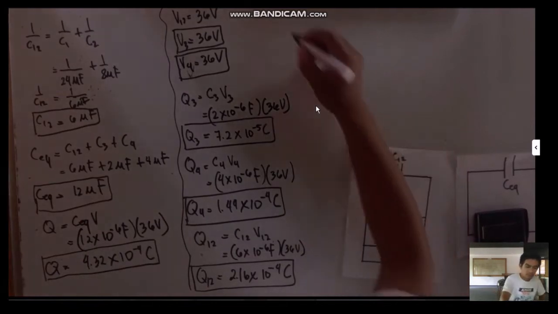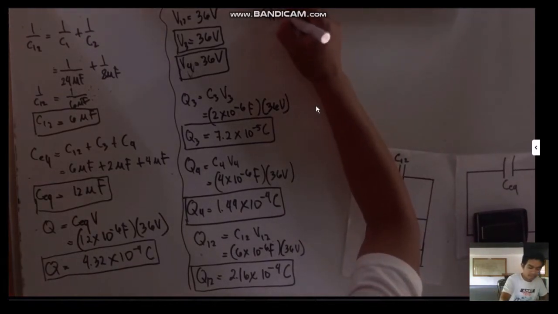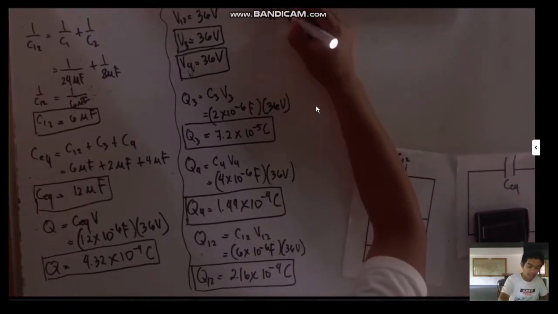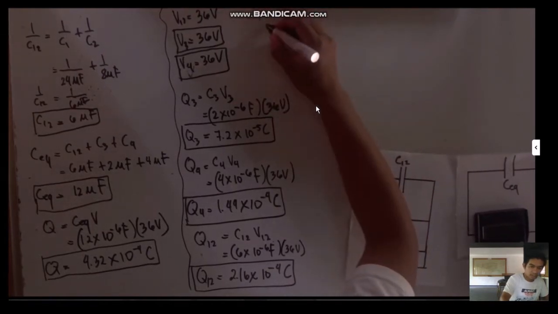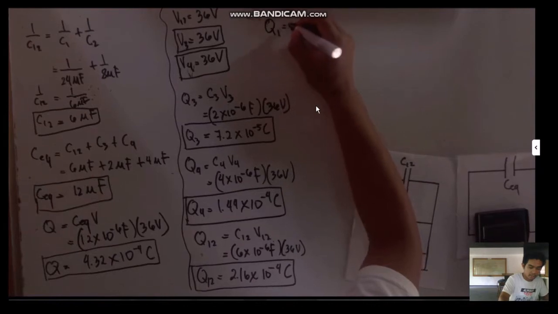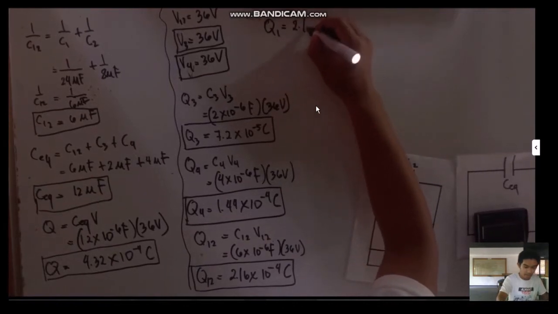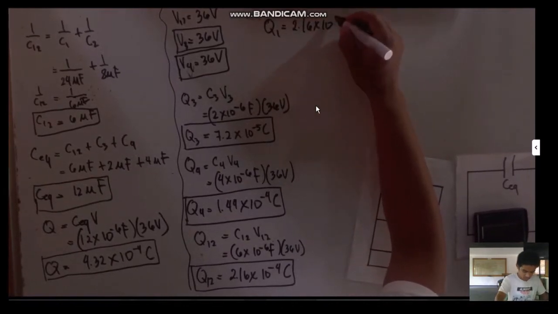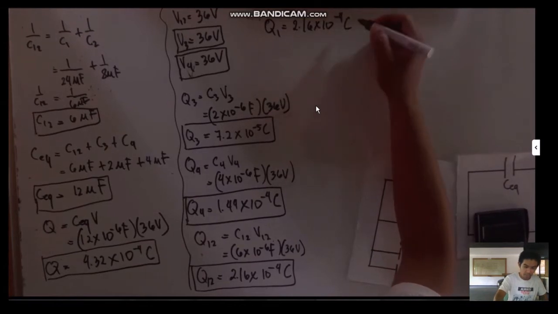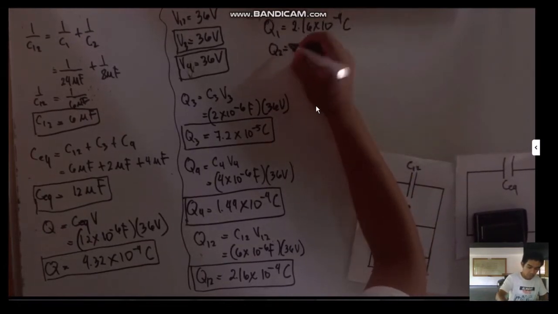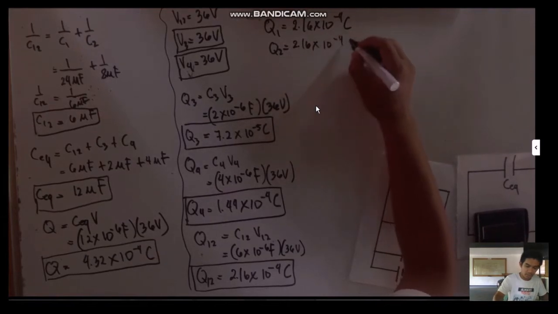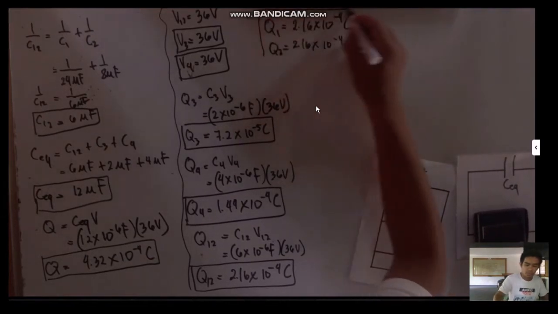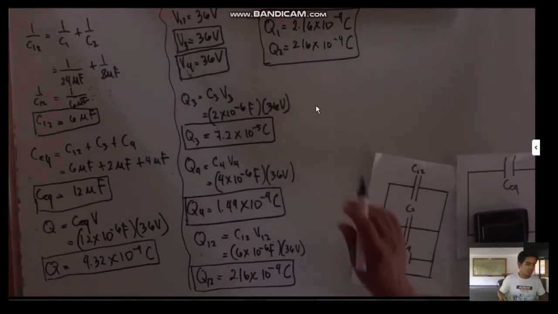So Q1 must be equal to 2.16 times 10 to negative 4 coulomb, and Q2 is also 2.16 times 10 to negative 4 coulomb.